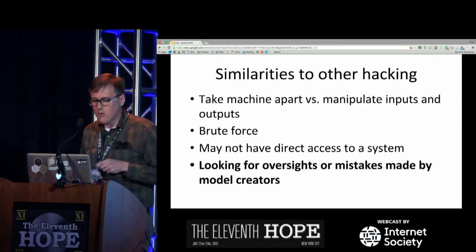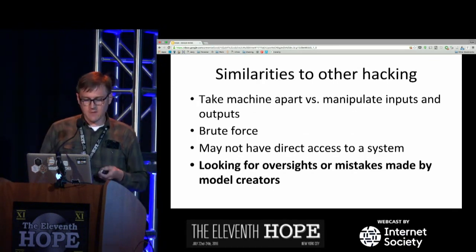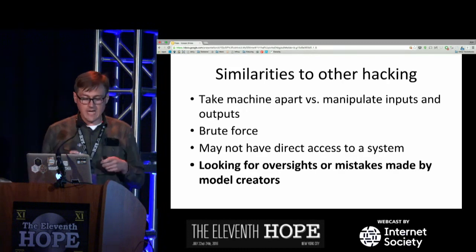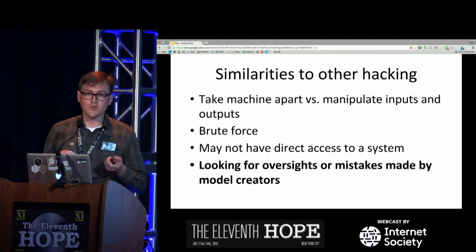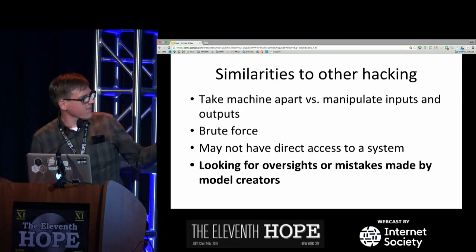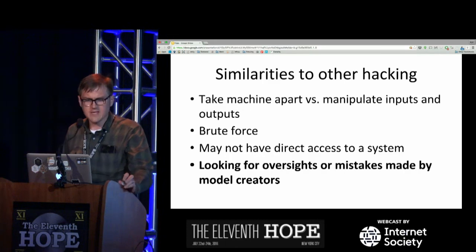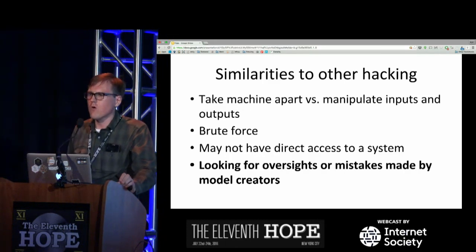So how would hacking machine learning be similar to other forms of hacking? Well, at its fundamental level, I think hacking is about taking stuff apart, figuring out how it works. There's a lot of brute force in it. You may not have direct access to a system, which is true also in a lot of situations. But for me, it boils down to looking for oversights or mistakes made by model creators. Because as you'll see in some of my examples, there's nothing intrinsically wrong with machine learning.